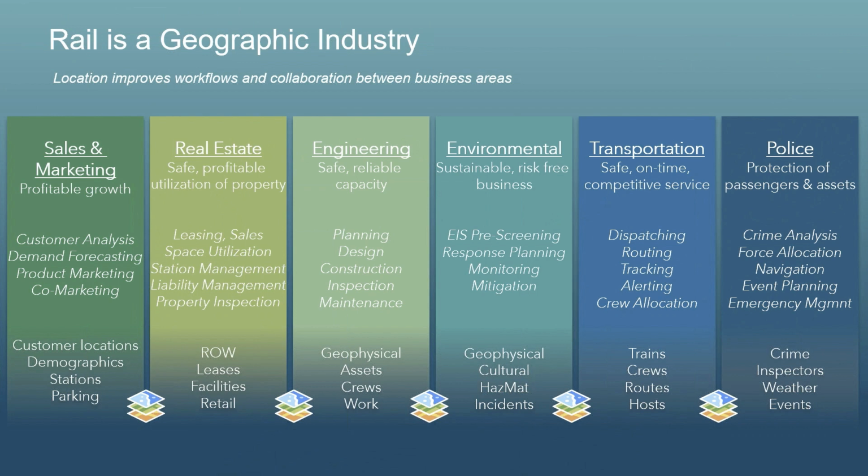But just as importantly, every one of those divisions has workers in the field and needs to either do inspections or capture information in the field. For many railroads, they actually have a much larger number of people working in the field than they do in some of their main offices.